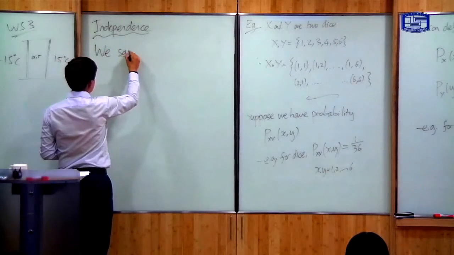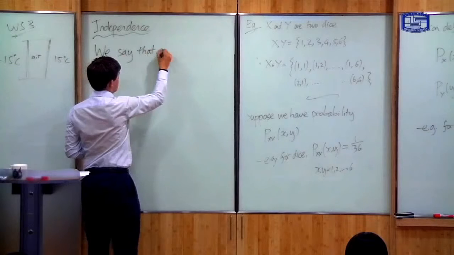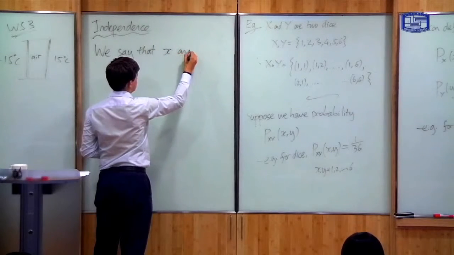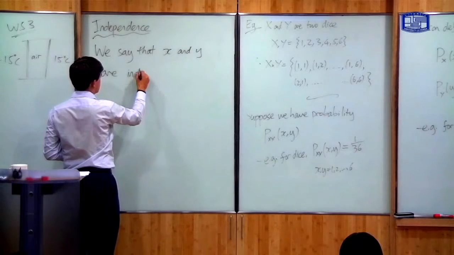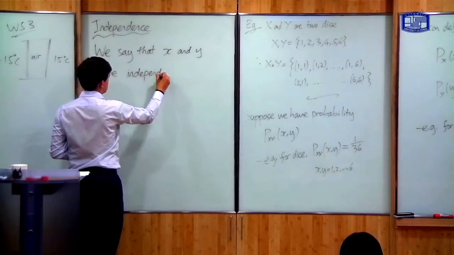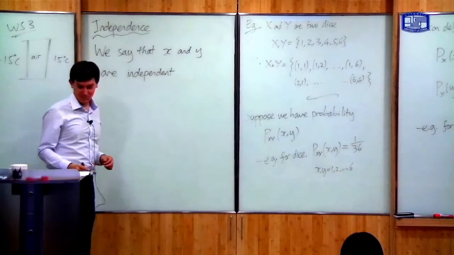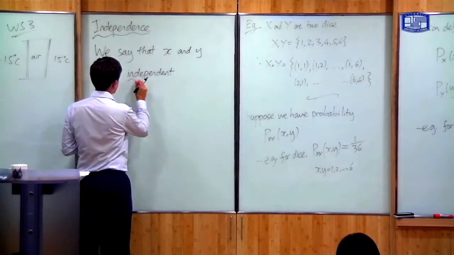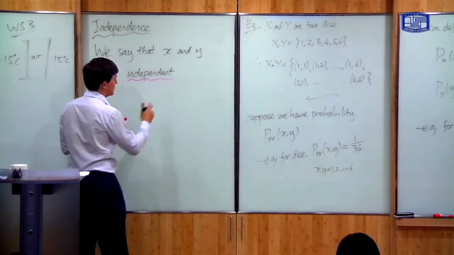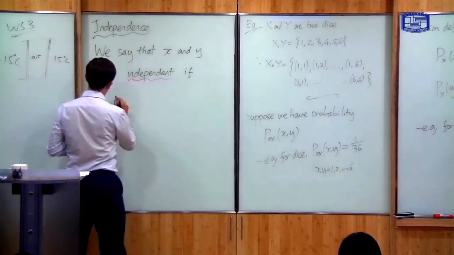We say that the variables x and y are independent, this is the technical term, independent, if the following relationship is true.